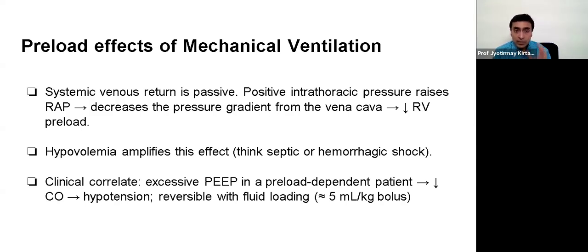So you should be able to correlate the physiology to the actual thing you see in the theater and in the ICU. In a tension pneumothorax, you should not wait for the ultrasound machine to boot up.